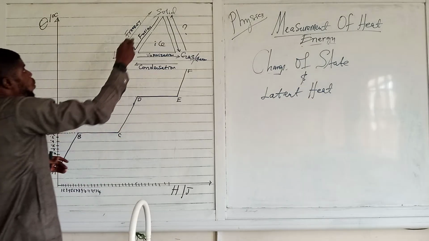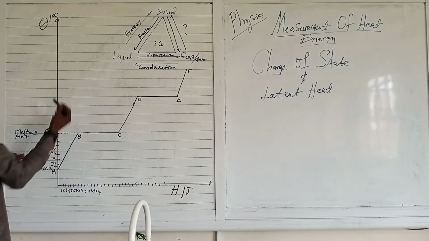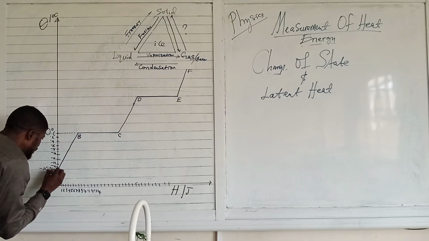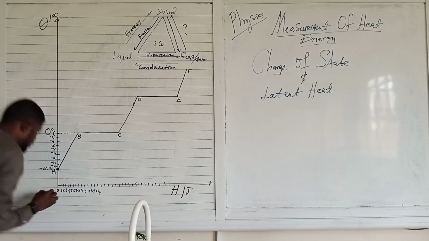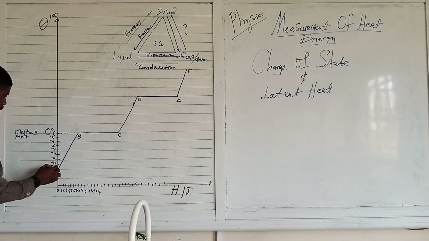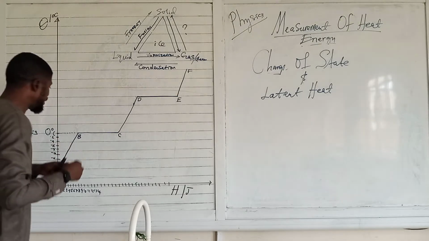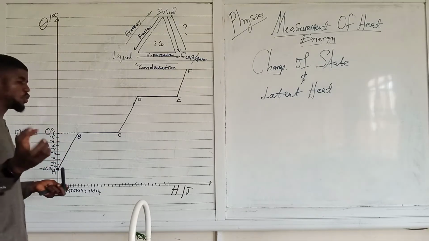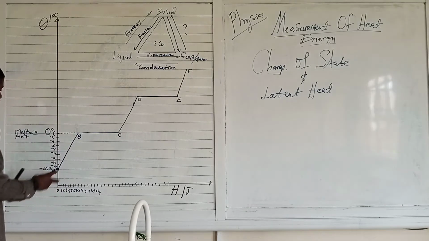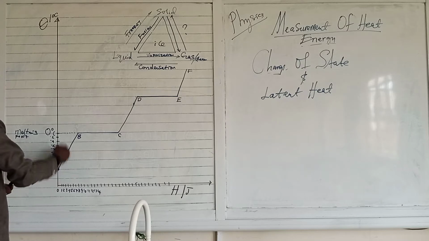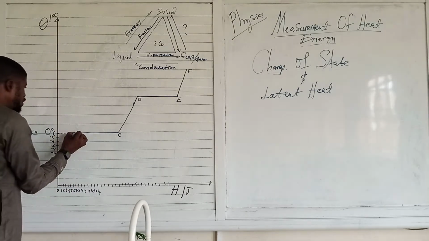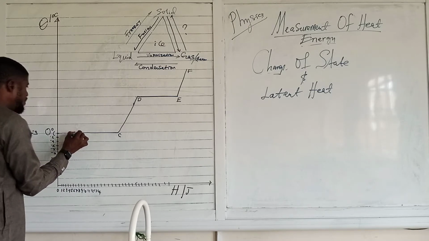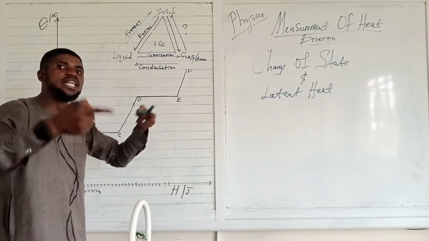So anything ice is from 0 degrees down. Now, when you continue to add heat energy, at this point here, heat energy was not added into the system. Let's say this is 0 joules. So the moment you introduce heat energy into the system, the temperature of this ice will start rising. And at point B, you have a mixture of ice and liquid.